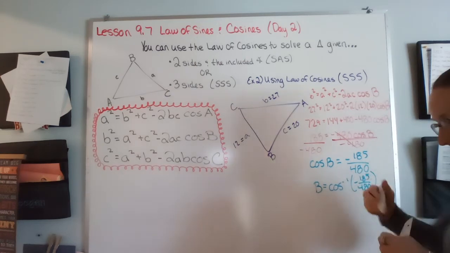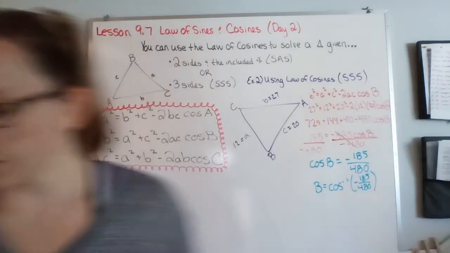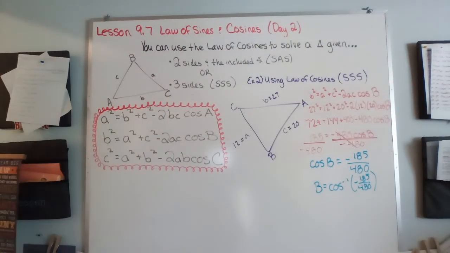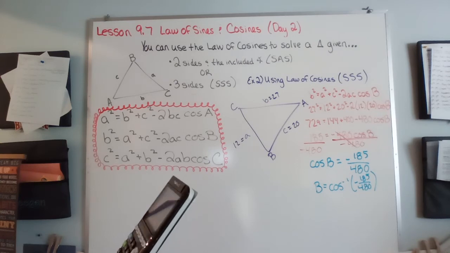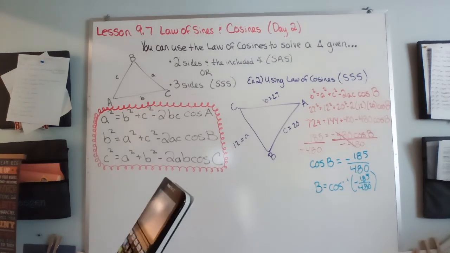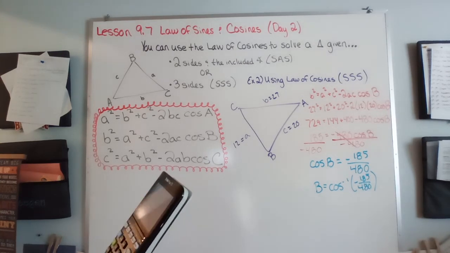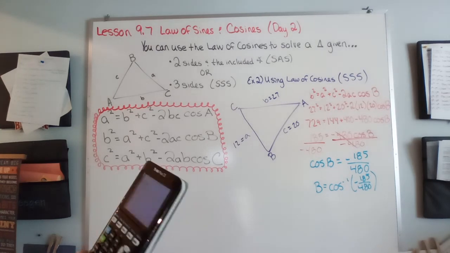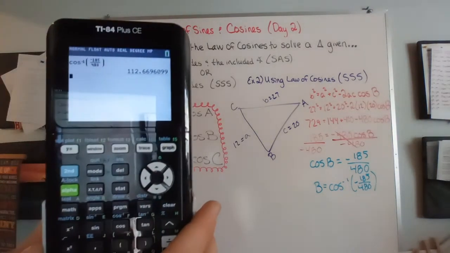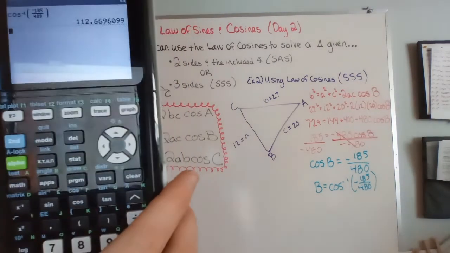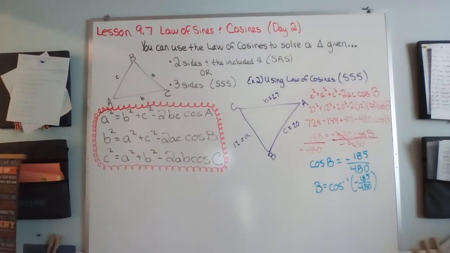So you're going to plug that into your calculator. All right, so it's the inverse cosine of negative, don't forget the negative, make sure you use the negative button, not the minus button. And you get 112.7 approximately.